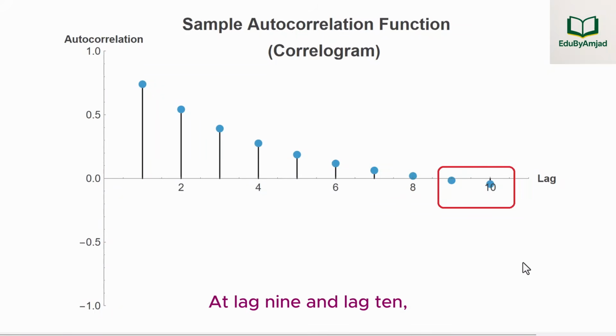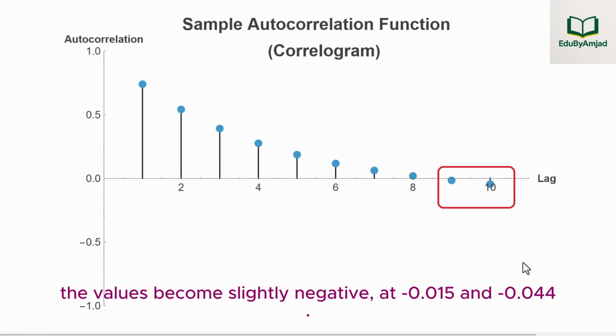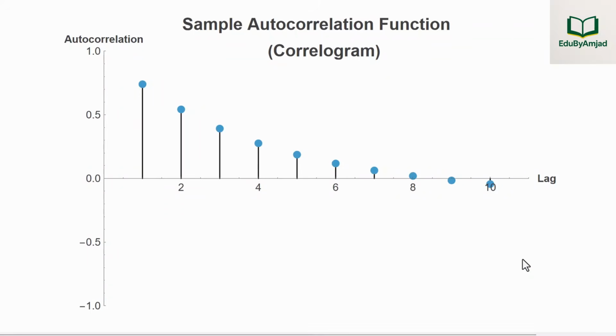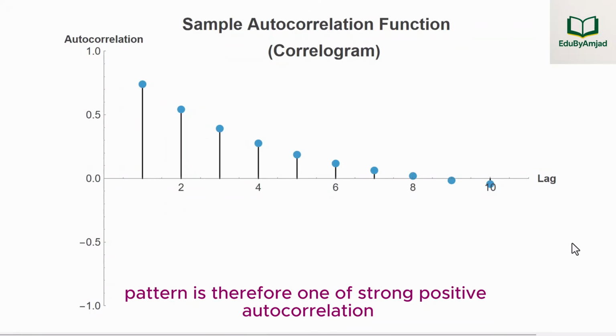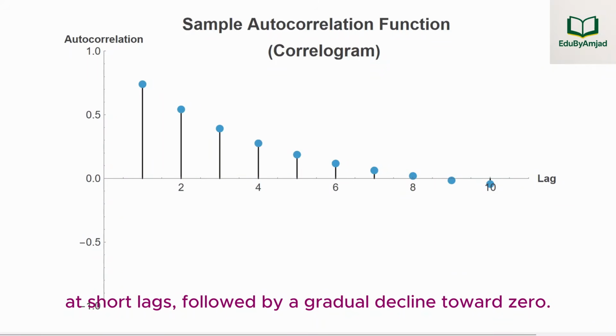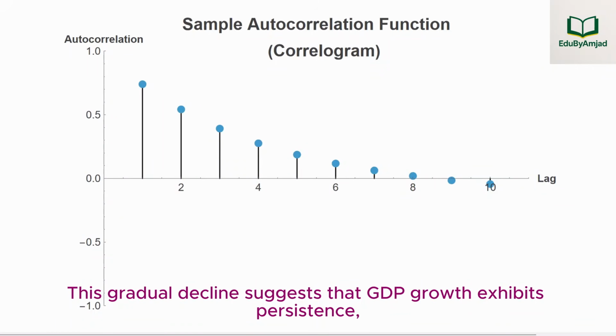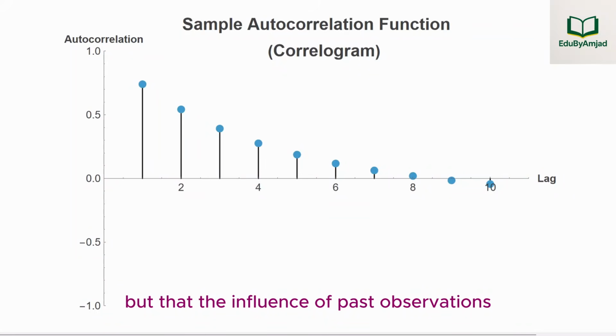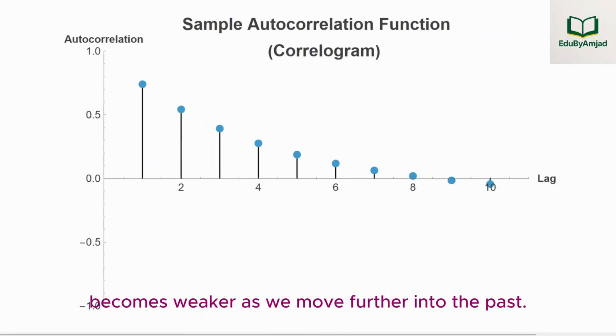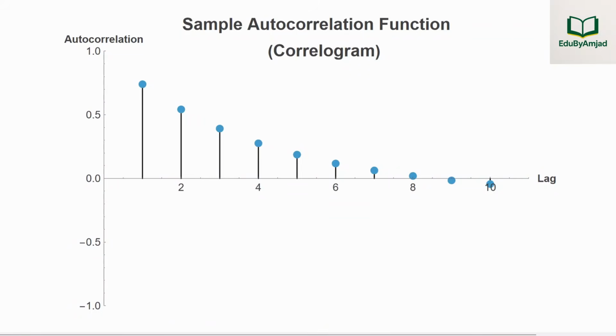At lag 9 and lag 10, the values become slightly negative, at minus 0.015 and minus 0.044. The overall pattern is therefore one of strong positive autocorrelation at short lags, followed by a gradual decline towards zero. This gradual decline suggests that GDP growth exhibits persistence, but that the influence of past observations becomes weaker as we move further into the past.